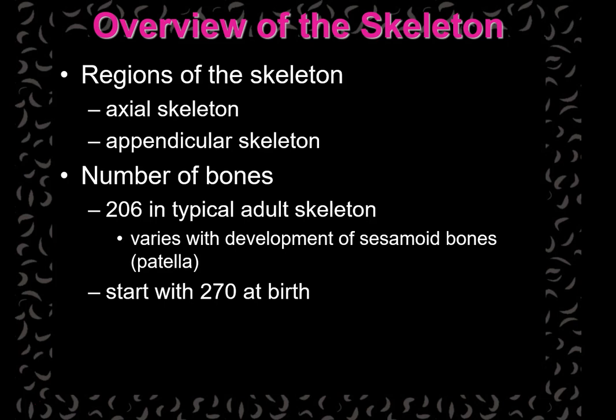Like we said, they're not fused together. It allows that cranium to be deformed, the jaw, all that to help compress the baby's head to make it down the birth canal. And then that number decreases as we start to fuse those bones together.